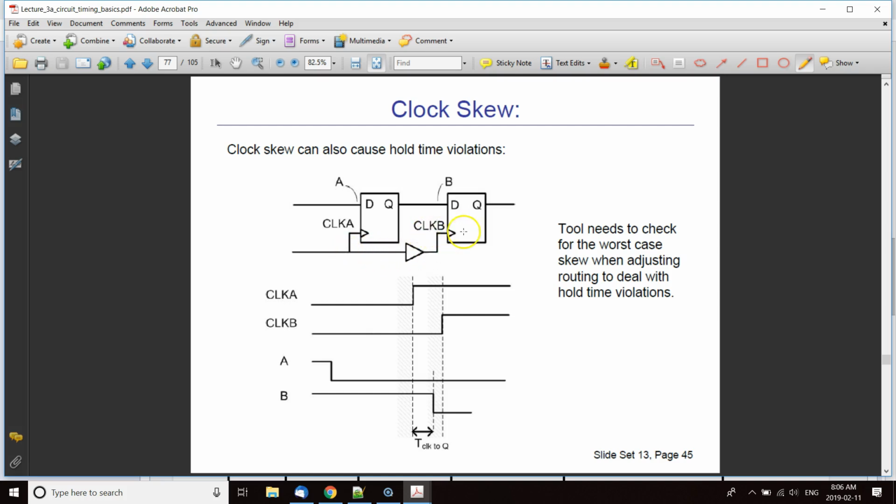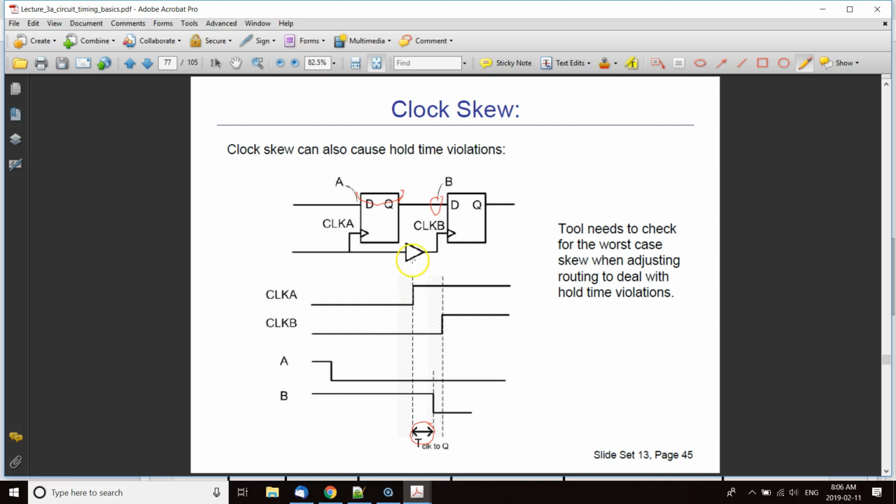Essentially, if I have the clock here, and there's a delay of the clock B, then when clock A changes, we have T clock to Q later whatever is in A will pass to B, so it goes from here to here.